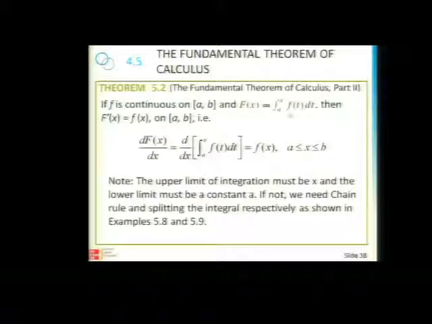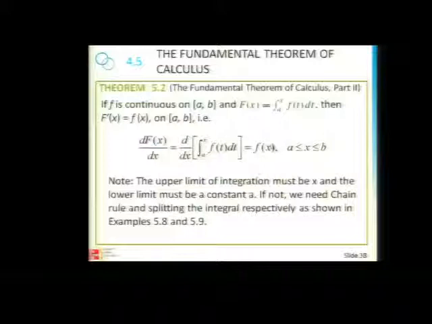So you differentiate both sides, the differentiation of the left side is this one, the differentiation of the right side is this one. And the theorem says this is just equal to f(x). That means it's exactly the integrand, with the variable t now replaced by the variable x.